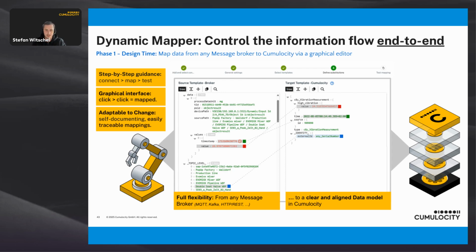Here in this example, we have some arbitrary payload and we're mapping it to vibration measurement data. This was the intention of the Dynamic Mapper: you don't need to write a microservice, you don't need to write code, and you have it in a graphical way. So this is the first part of the Dynamic Mapper.